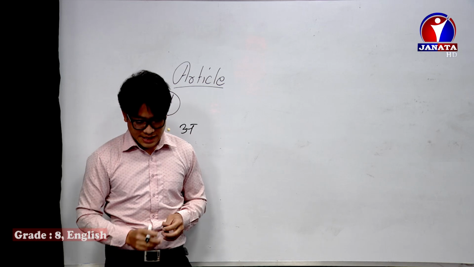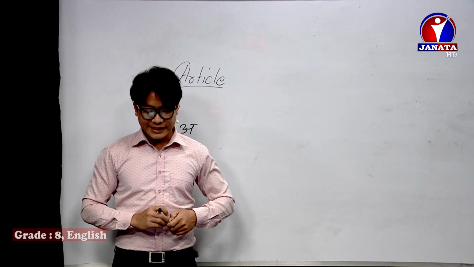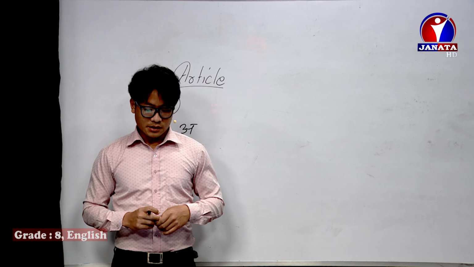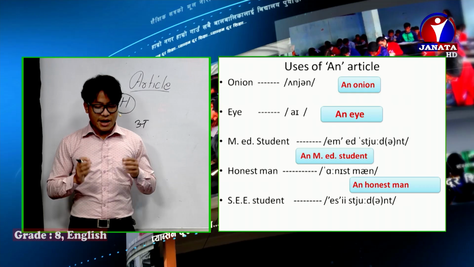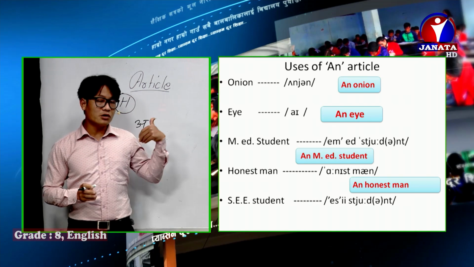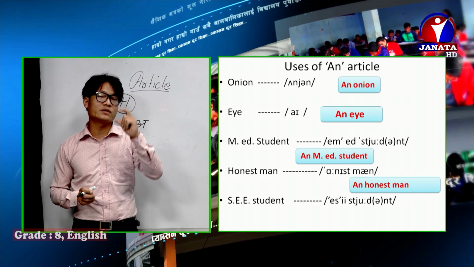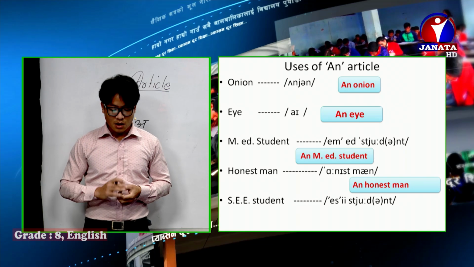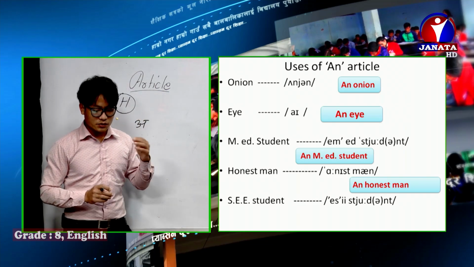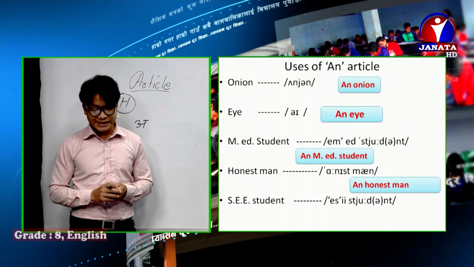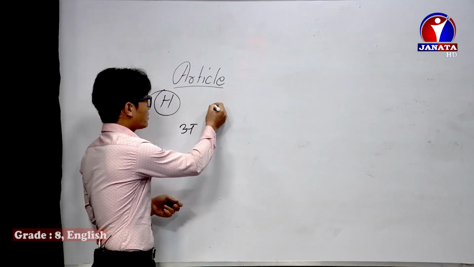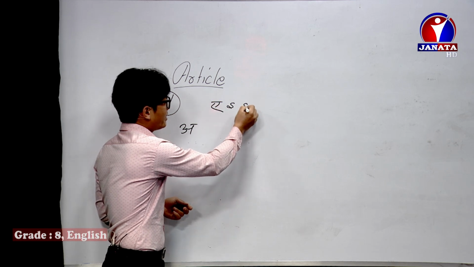We have another example, SEE student. This is a question mostly asked in the examinations. Here also you can see S is a consonant letter, but we are not going to use according to the letter. Its pronunciation is SEE student, it comes S-E-E.